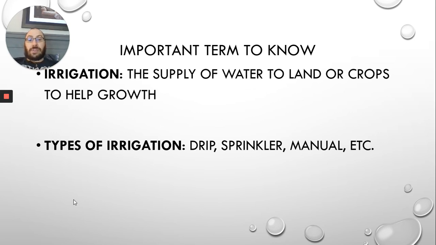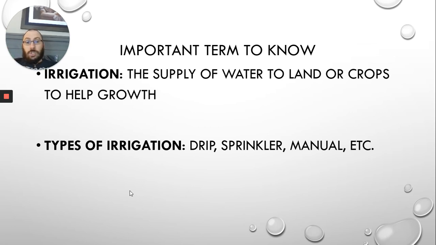Okay, there are different types of irrigation. There's drip, sprinkler, manual, etc. So with drip irrigation, the water just drips down. Sprinklers are like sprinkling your yard, or the big giant sprinklers that are on those fields. Sometimes you see them turned on and they're attached to big wheels and they move across the field.